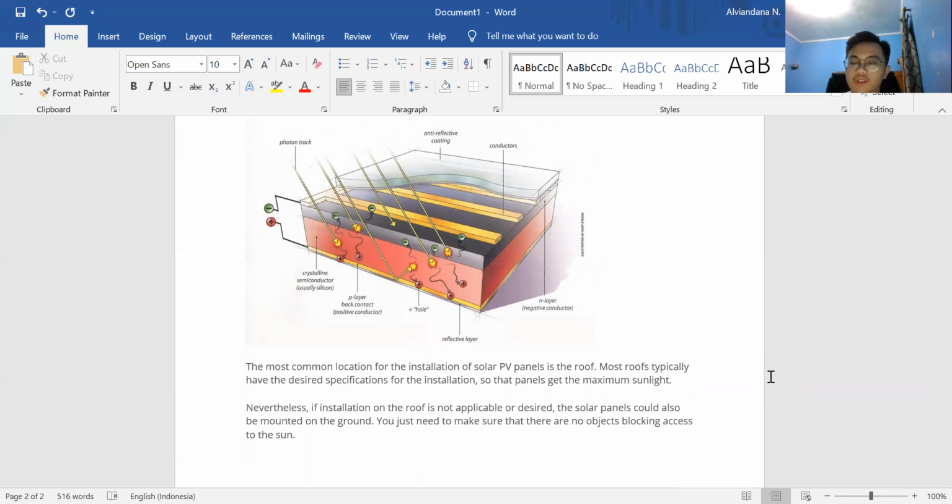But if the roof is not suitable for solar panel installation, it can also be installed on the ground. We just have to make sure that nothing blocks the sunlight. Otherwise, the panels won't be as effective as if they were on the roof.